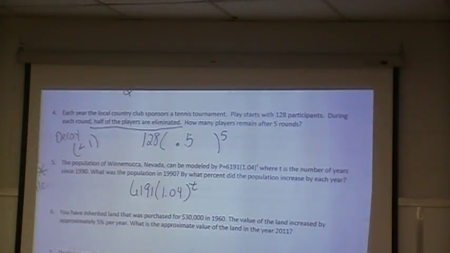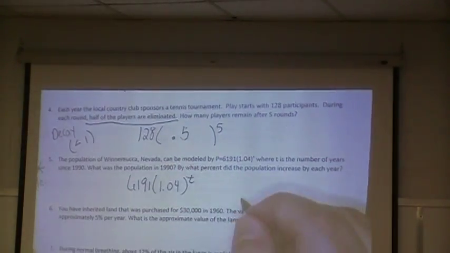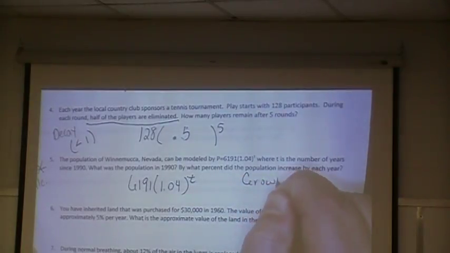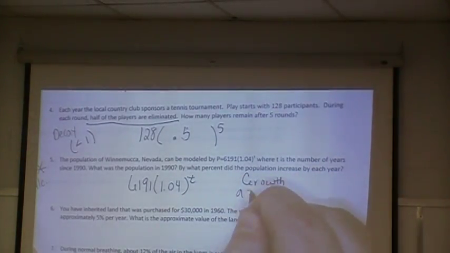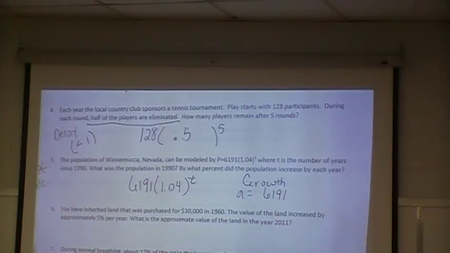It started with... Is it growth? It's growth. Yep, this is growth. Matthew, what were you going to say? It started with 6,191. It's an example of growth. Started with 6,191.